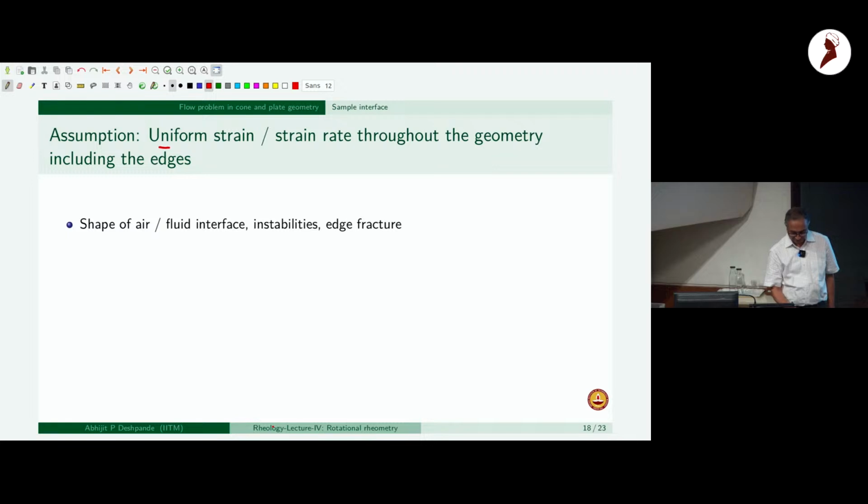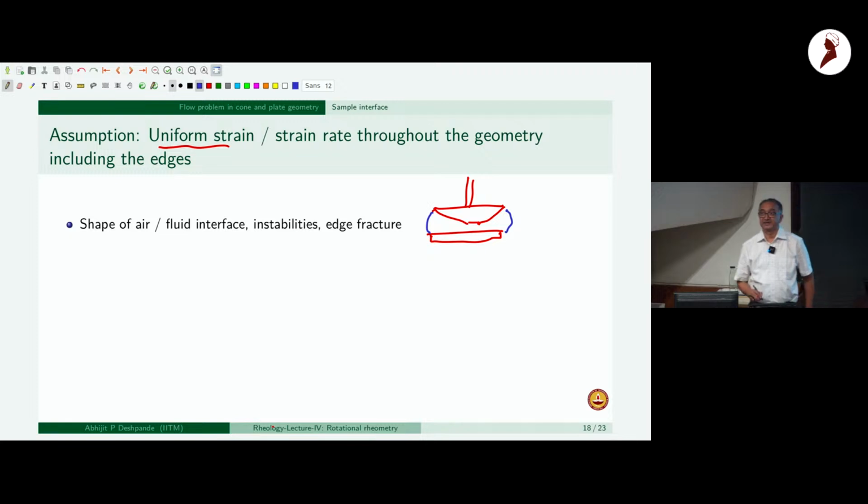The other thing we have ignored is, when we have the cone and we put the fluid in it, the nature of this interface. It's assumed to be spherical, a spherical cap.